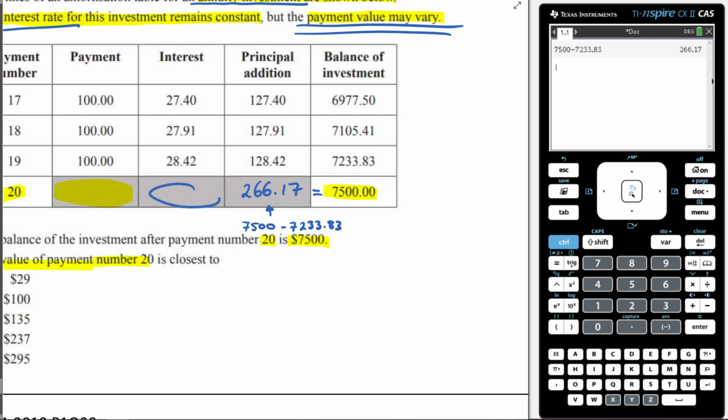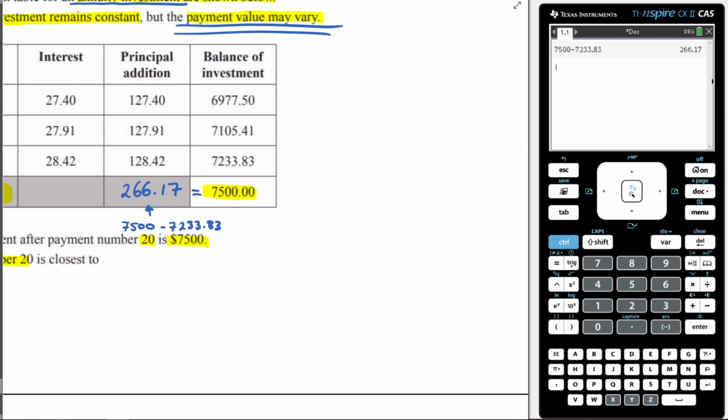Now, to get my interest, this is where it's going to become a bit trickier. To figure out the interest, I'm going to have to figure out the interest rate, and that's not too bad. What I'm going to do is this: when I have a balance of 6977.50, the interest generated off it is $27.91.